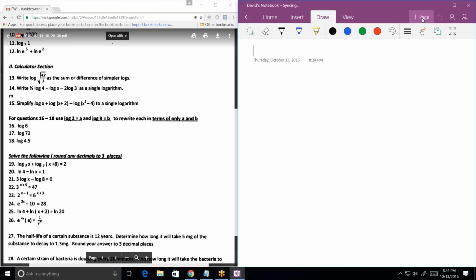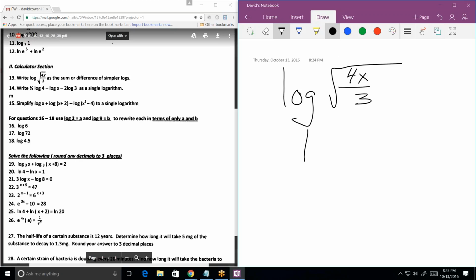Okay. Well, first of all, let's expand it. Log of the square root of 4x over 3. Well, let's write that differently using an exponent instead of a radical sign. Would we put 1/2 in front of the log?